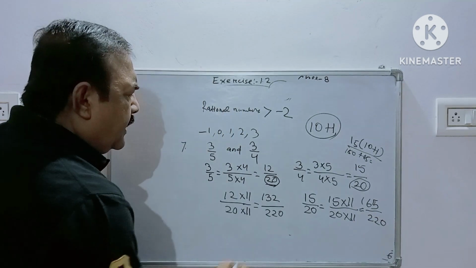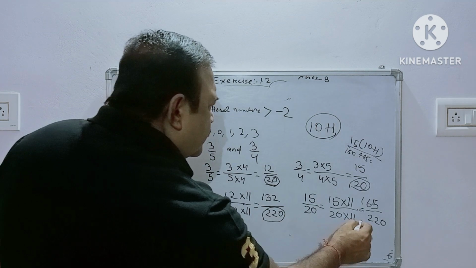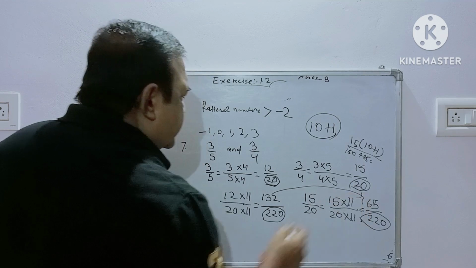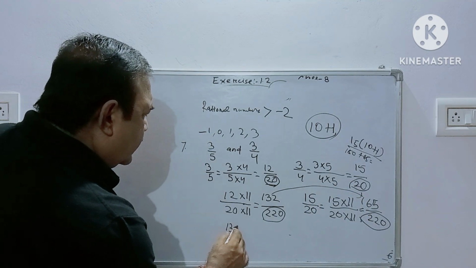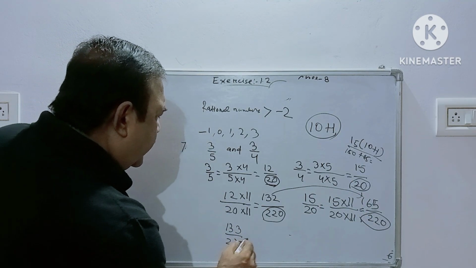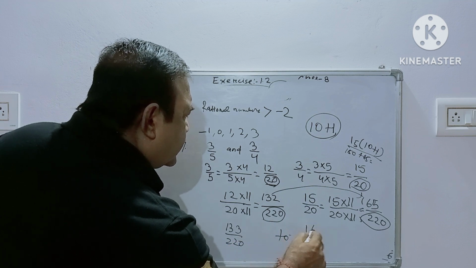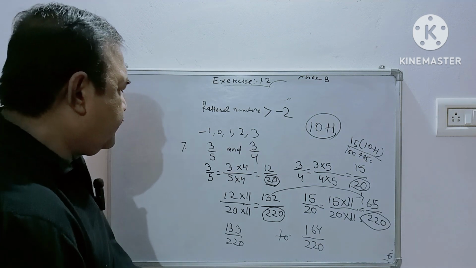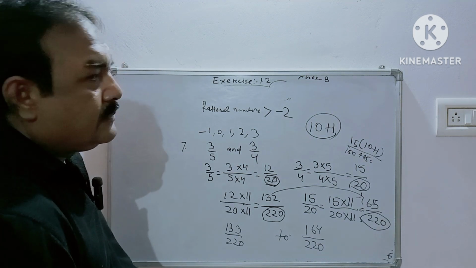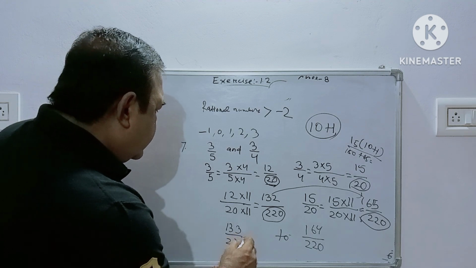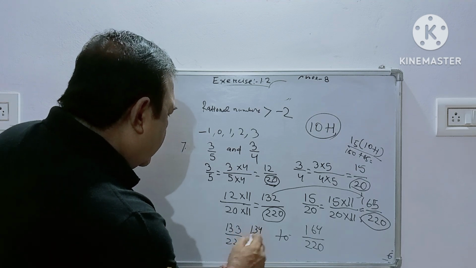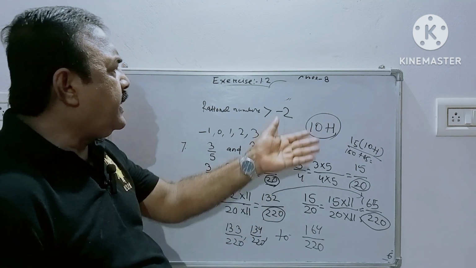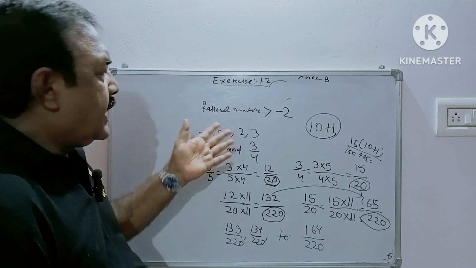You see, then we compare. Both denominators are again same. We have extended the range. So we have to move from 132 to 165, that means from 133 upon 220 to 164 upon 220. We have to move like this. So next is 134 upon 220, 135 upon 220. Like this you may take. We require 10 rational numbers.